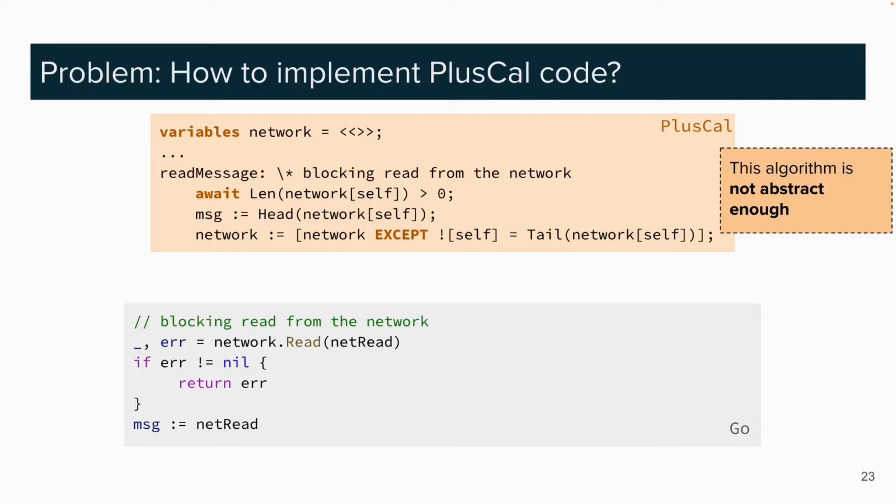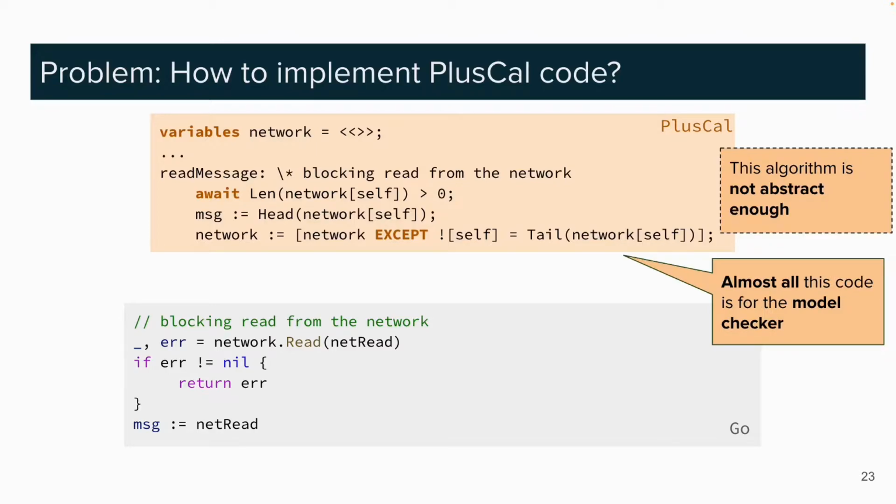So here we modeled the network as a queue, and after waiting for the queue to be non-empty, we did some list manipulations to read the first message in the network. So we can see that almost all the PlusCal code here is for the model checker because we have to simulate the network behavior for the model checker.